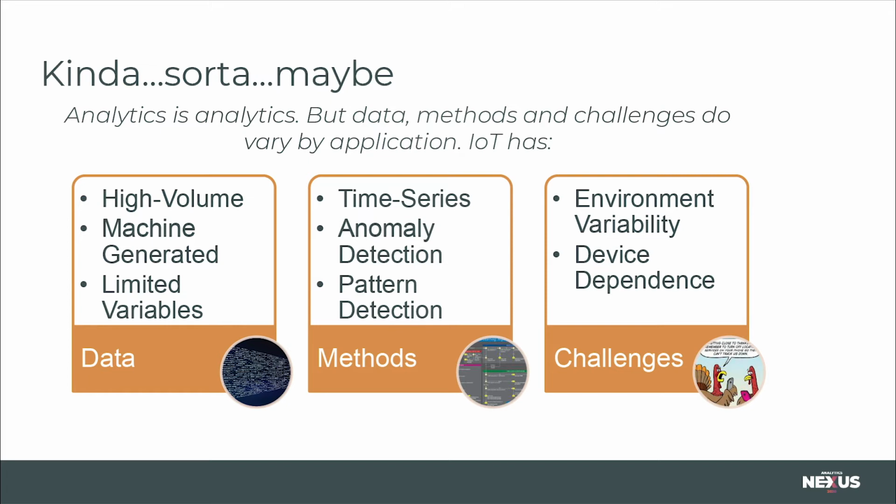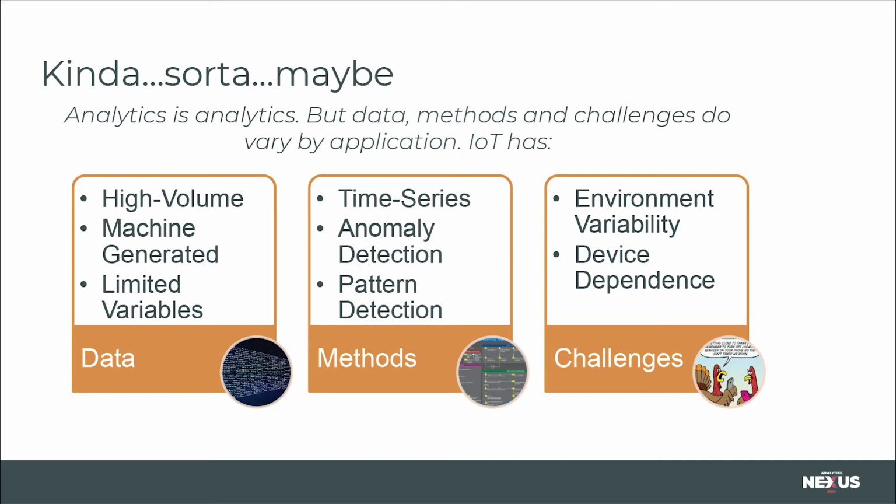So they'll have a timestamp and a data point. And that might be it. That might be the single kind of data that you get off that device. So you might have data with hundreds of thousands, millions, tens of millions, or hundreds of millions of rows, but only a few columns. That's different if you're used to data that's very rich from a columnar perspective, but very limited from a row perspective.